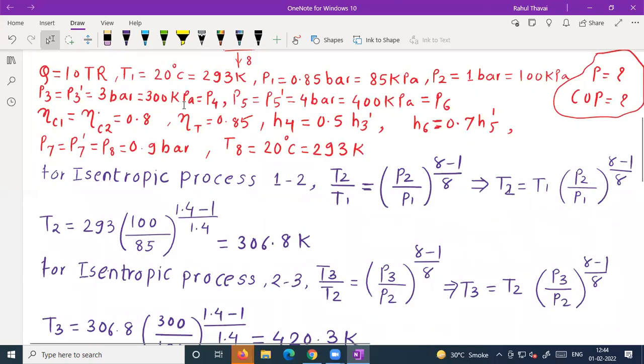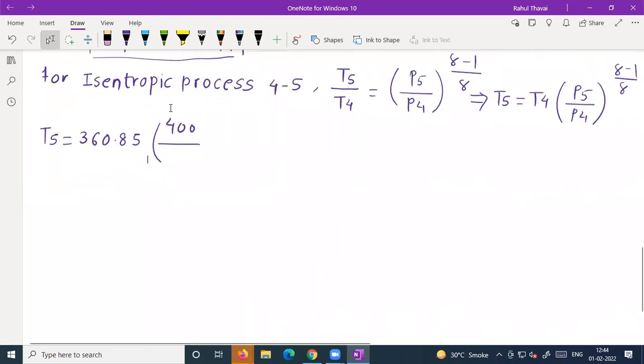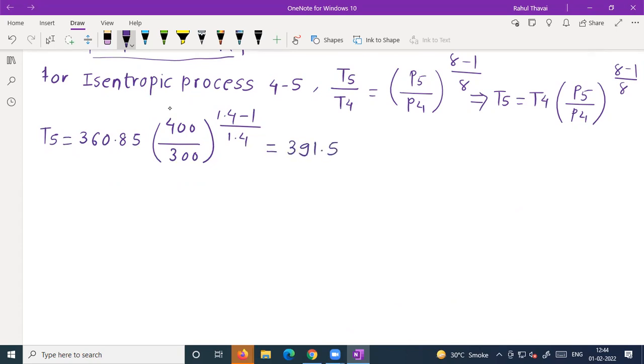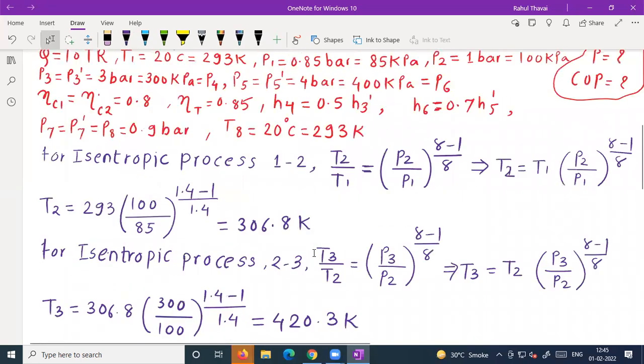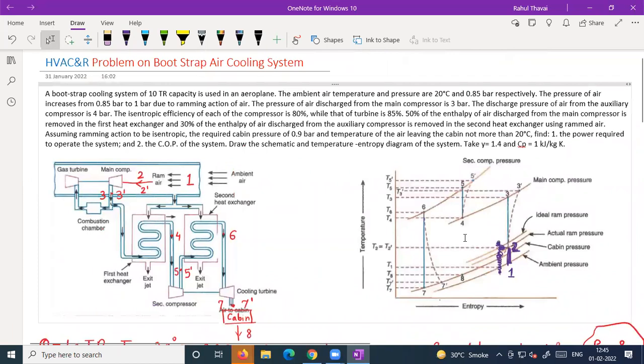P4 is the same as P3 or P3 dash, and that is 300 kilopascal, right? So 400 divided by 300 raised to power gamma, 1.4 minus 1 upon 1.4. From this we will get the value for T5 as 391.5 Kelvin. So we got the value for T5 now.